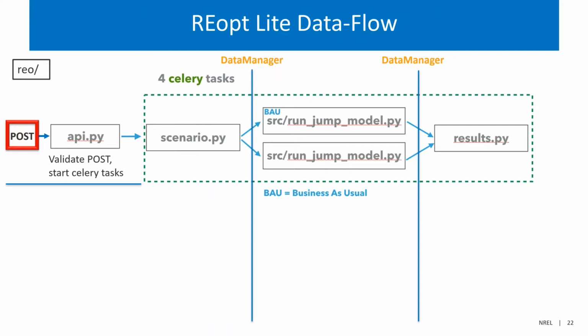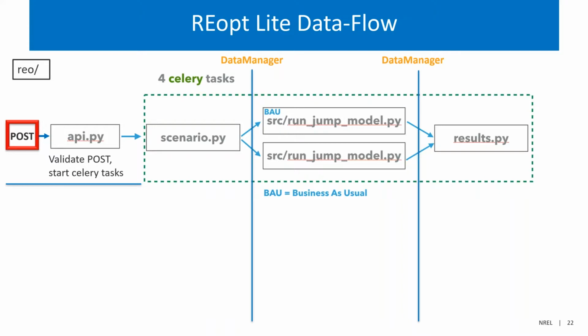I'm showing script names from the Reo directory shown in the upper left-hand corner here. We're seeing the post come in on the left-hand side into the API.py. This first step just validates that post, fills in all the default values, and kicks off these 4 Celery tasks on the right-hand side.